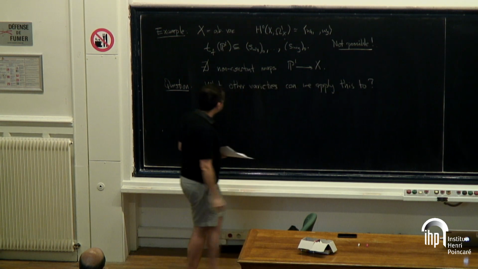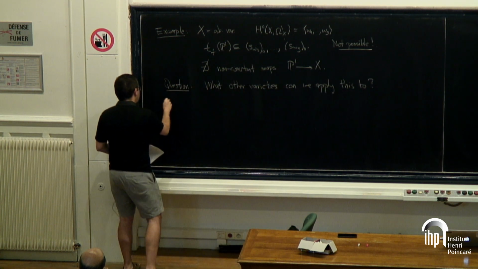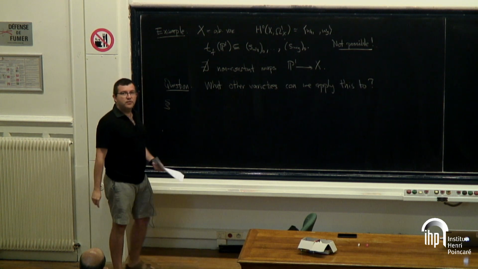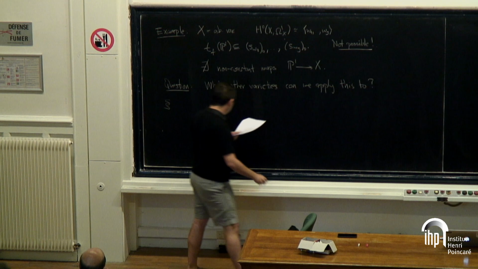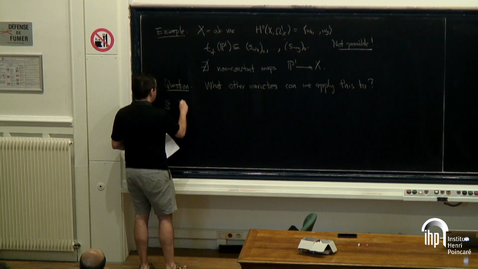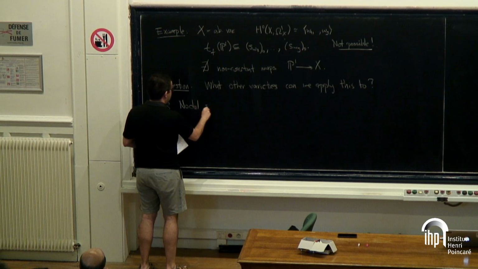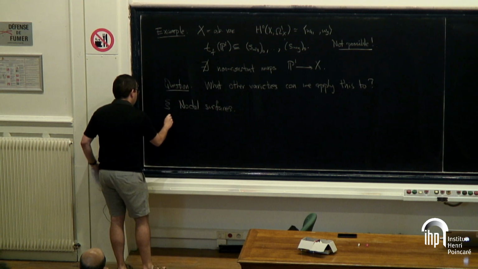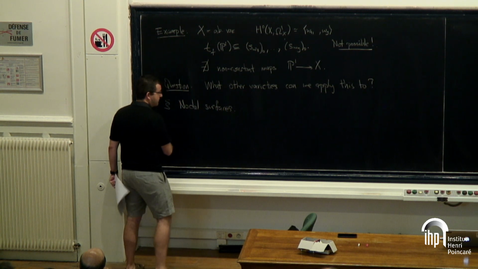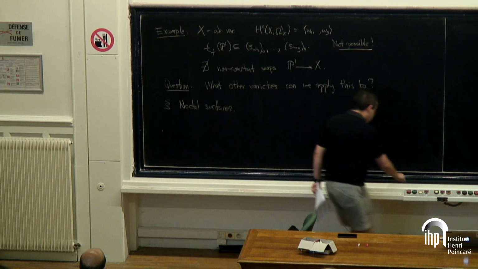Okay, so let me start. I want to do surfaces, and I want to do mostly surfaces of general type. So a new section will be nodal surfaces. And in this case, there is a conjecture. This may be dangerous.